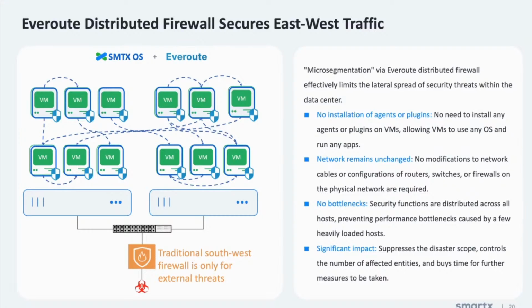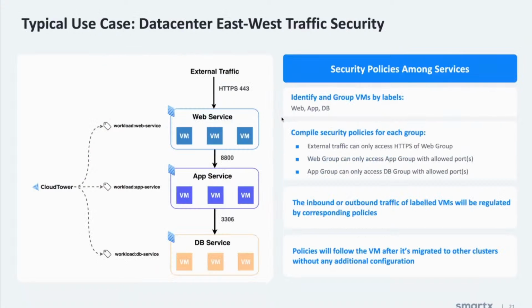It's agentless and provides users with virtual machine east-west traffic protection through micro-segmentation technology. After we group VMs by labels, we can configure fine-grained security policies for them and start to protect their traffic. To demonstrate how Everroot works, let's take a typical web application as an example.